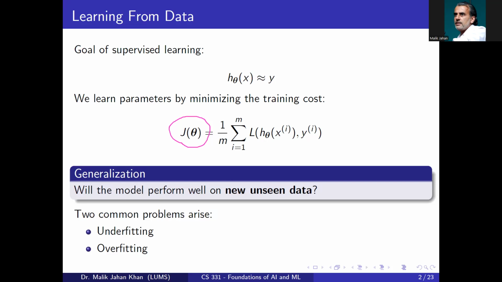When the model either underfits or overfits, it is highly likely that it won't be able to perform at an acceptable level on new unseen data. Keeping that in mind, the performance of the model on new unseen data is extremely important, because that's the reason we develop these models. Once a model is deployed, it has to face unseen data, and it should be robust enough to perform well on it.